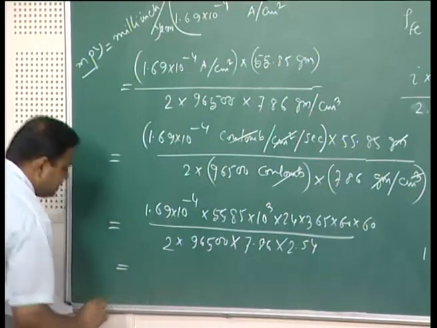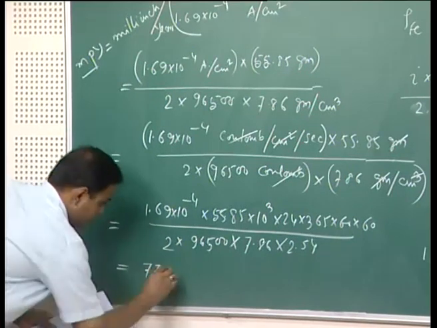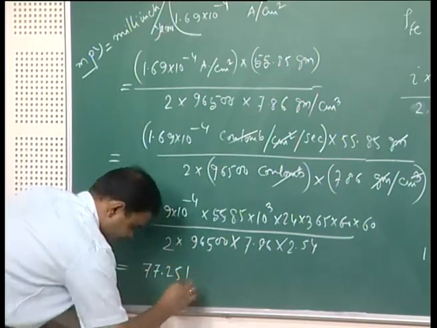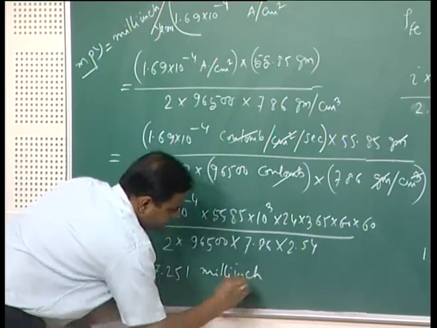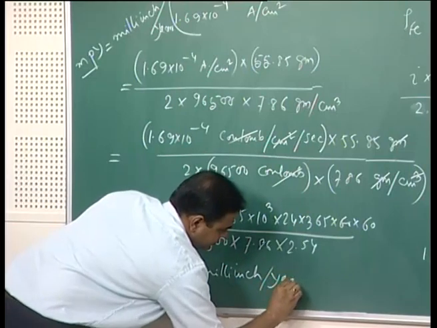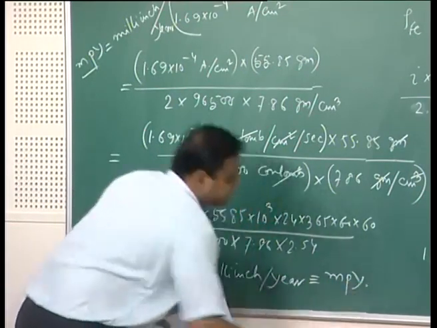Then you will see that this comes out to be 77.251 milli-inch per year, which is nothing but MPY.